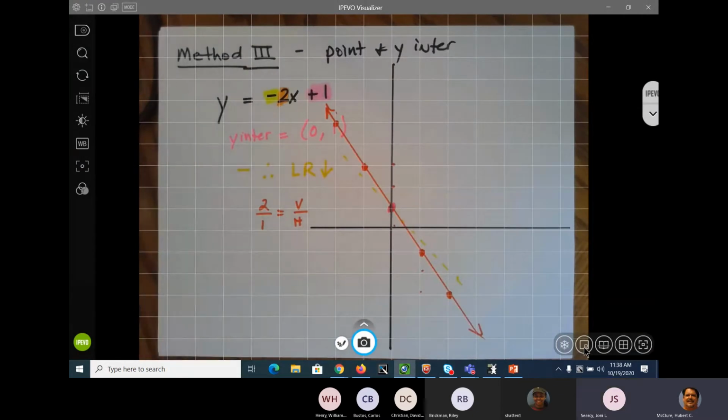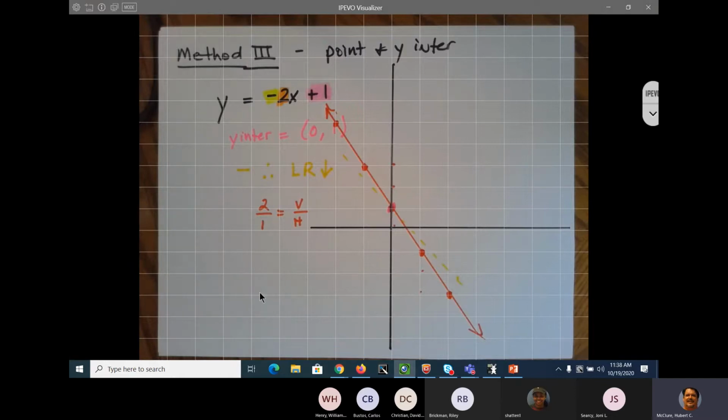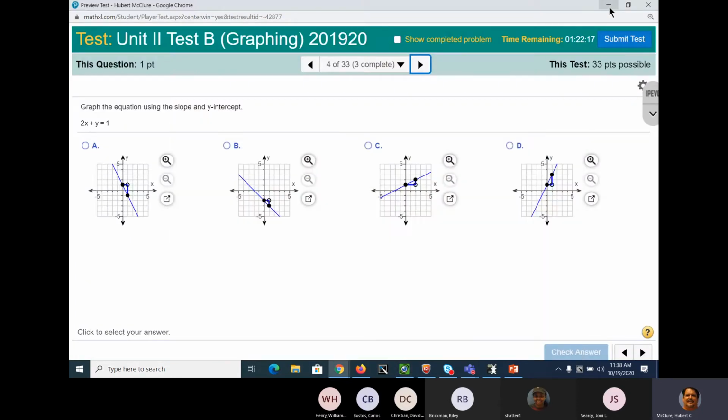Now, let's look and see what they have on their sheet. If you do utilize the videos, you can stop it. Okay. So we're looking for a y-intercept of 0, 1.